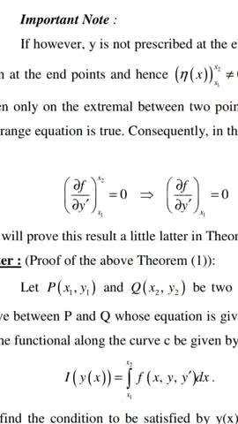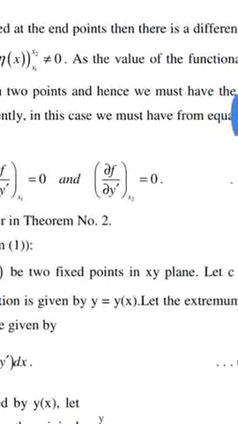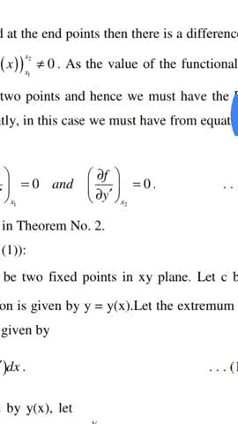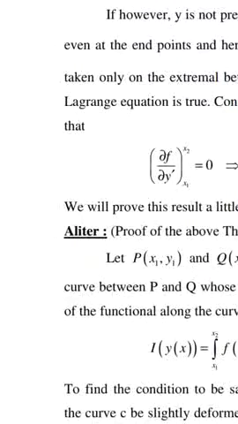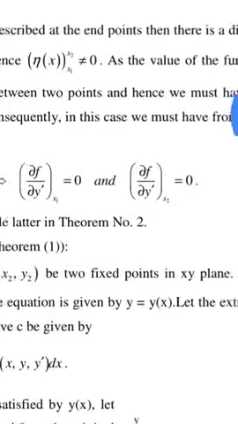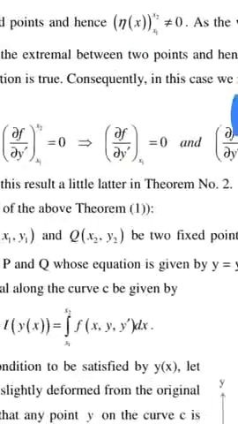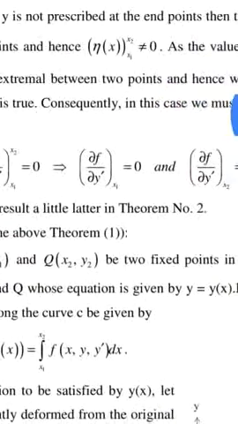Note that η(x) from x1 to x2 is not equal to 0, that is, η(x1) is not equal to 0 and η(x2) is not equal to 0. The value of the functional I is taken only on the extremal between 2 points, and hence we must have the Euler-Lagrange equation true.